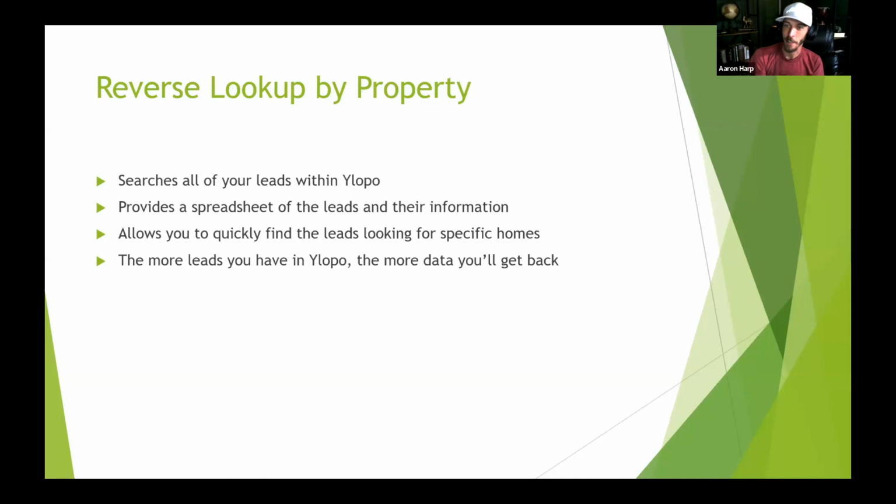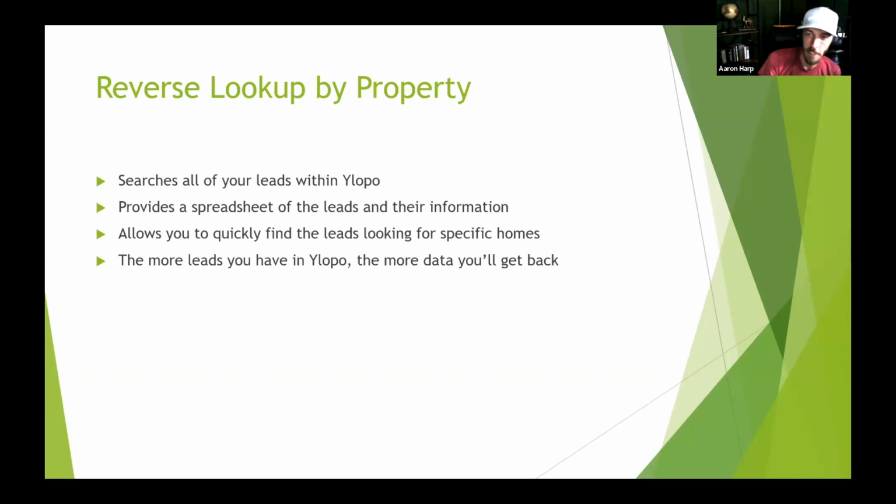When were they created? What actual metrics are they looking for in a home? What's their email? What's their phone number? It's going to give you all of their lead information. So that way you can quickly find who is looking for that specific home and then make sure that you are getting that specific home in front of that lead that is actually looking for that home.